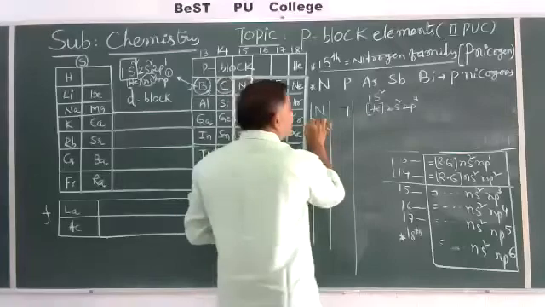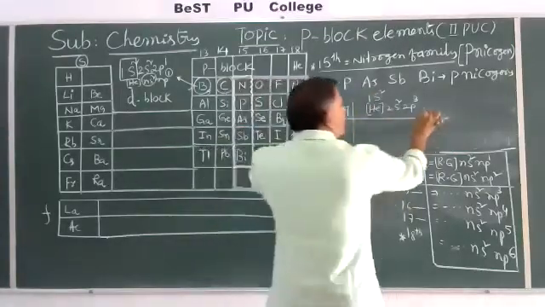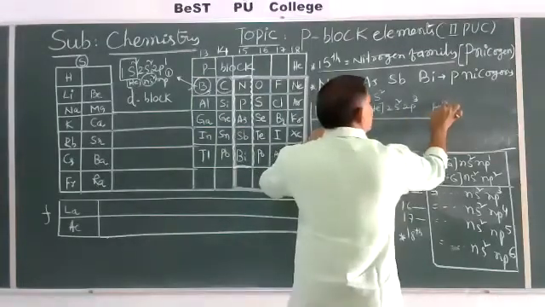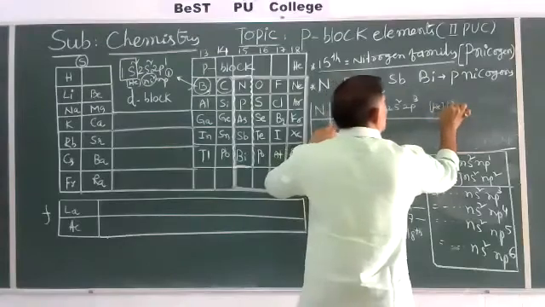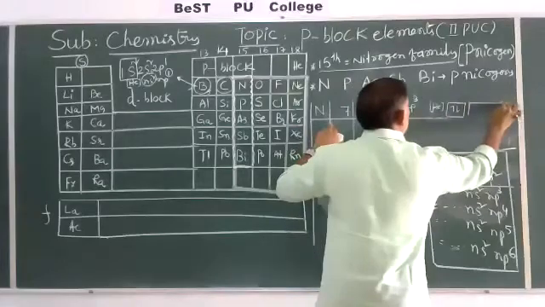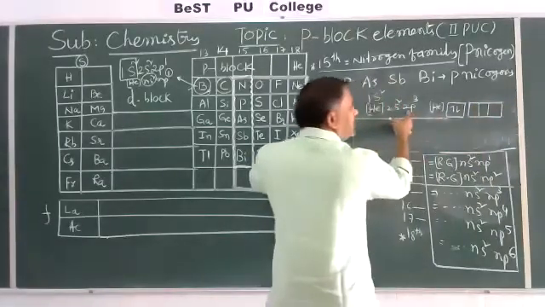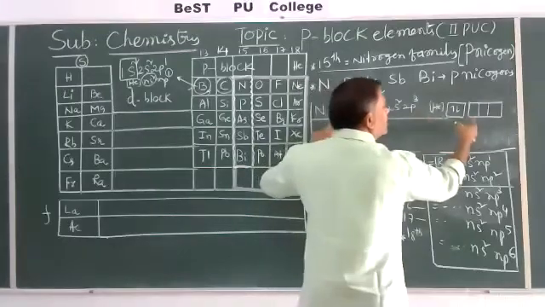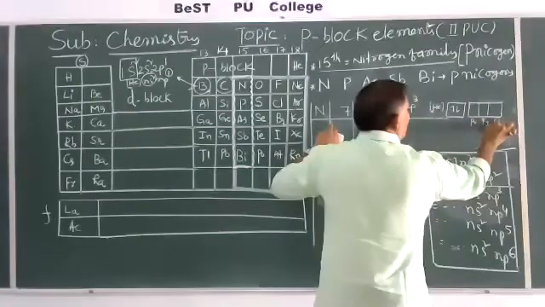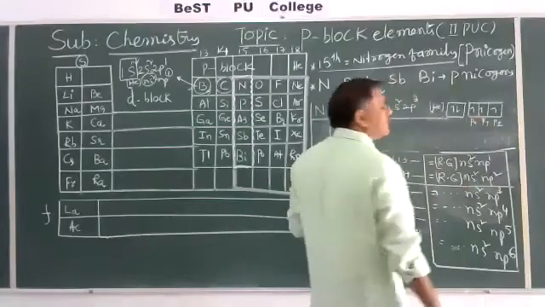Now, for the nitrogen electronic configuration, we can write it by the box method: helium, 2s2 completely paired, and 2p3 according to Hund's rule. The p subshell contains 3 degenerate orbitals, px, py and pz, each filled with 1 electron according to Hund's rule.